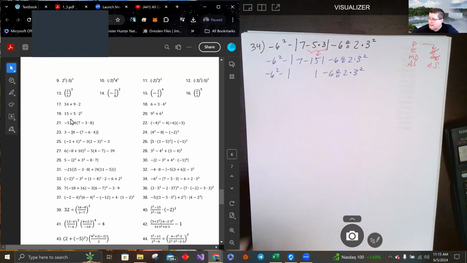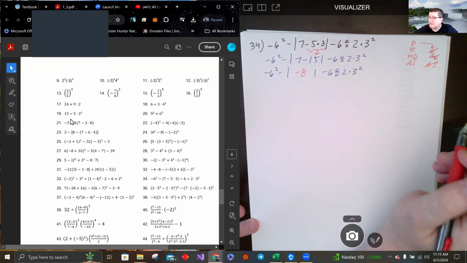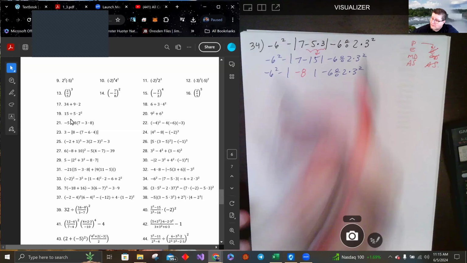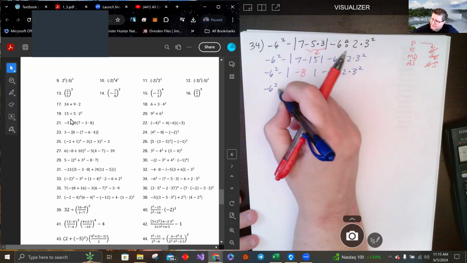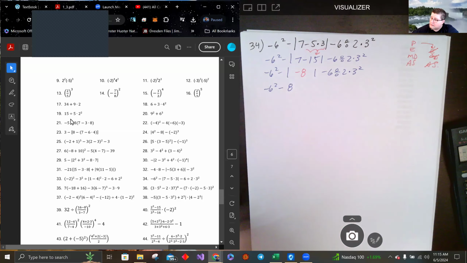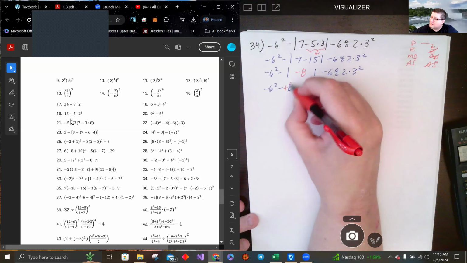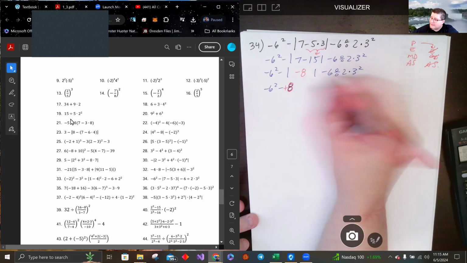And then the next one is addition, subtraction. 7 minus 15 is negative 8. And finally, the absolute value turns that into a positive 8. Minus a positive 8.